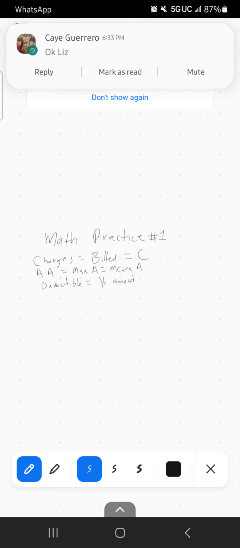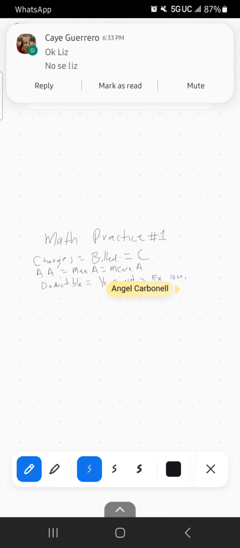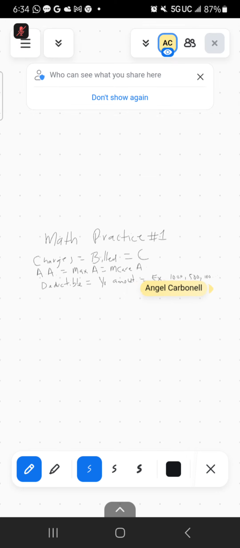Yearly amount. Examples could be 1,000. It could be 500. It could be 100, whatever, doesn't matter. Okay. What is something that you pay in the year?